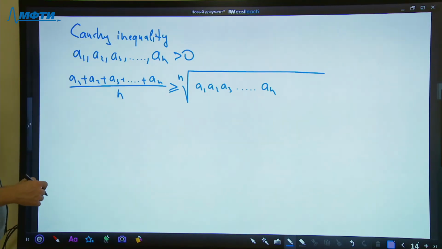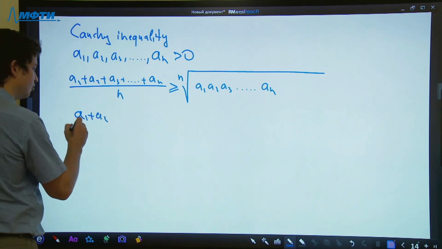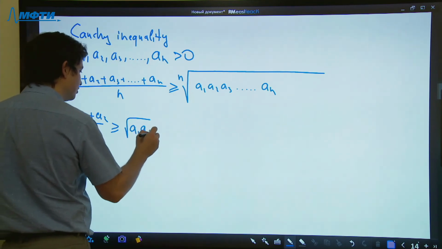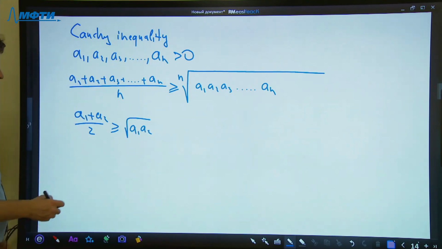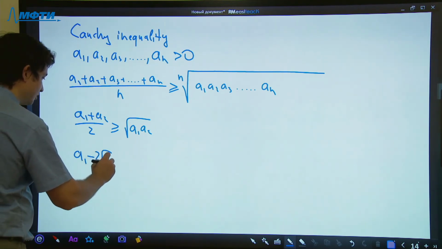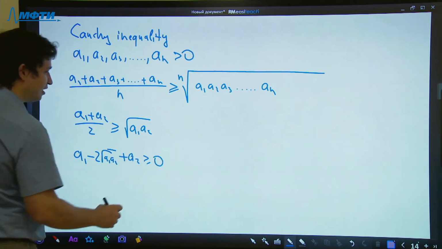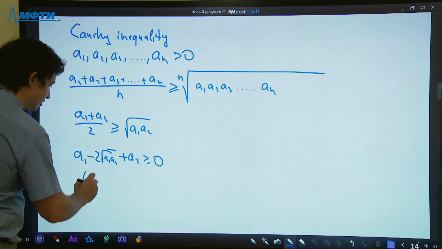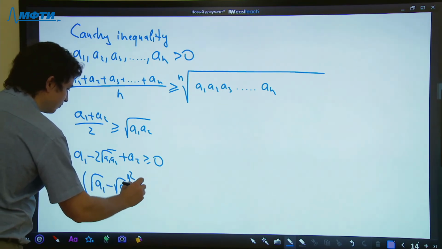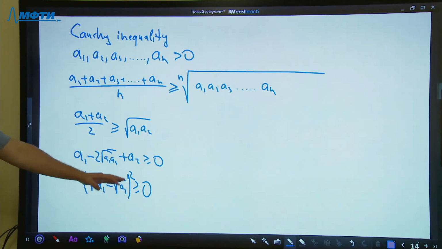In the case of 2, it has a very simple proof. Let's say if I have a1 plus a2 over 2, it should be greater or equal than the square root of a1 a2. And it can be proven directly. a1 minus 2 square root of a1 a2 plus a2 should be greater or equal than 0. And that is indeed correct, since the left-hand side is the full square: square root of a1 minus square root of a2, squared.